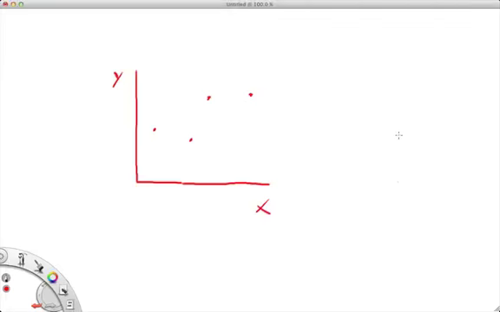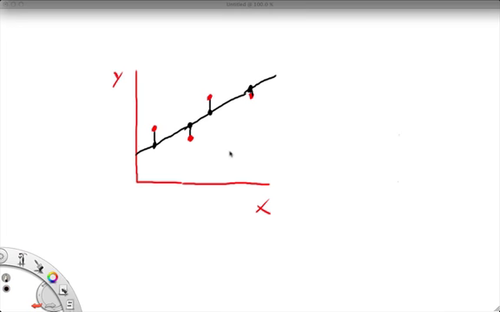I've already sketched something out, and let's say that we observe these points, and I've just added a line that goes through those points. Let's say this is our regression line, and I'll label a few points.